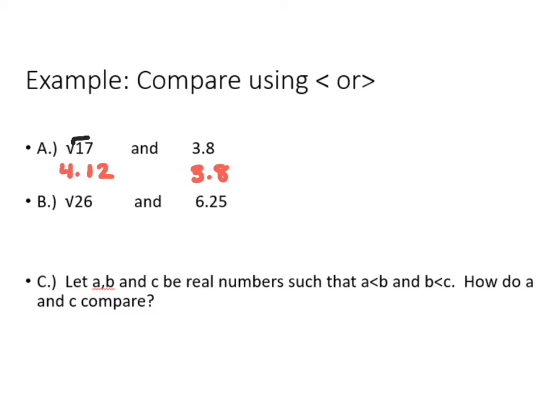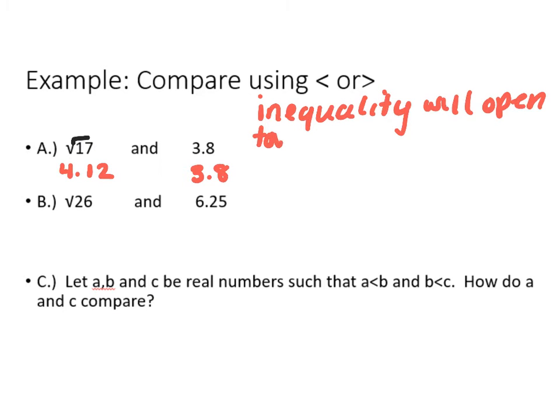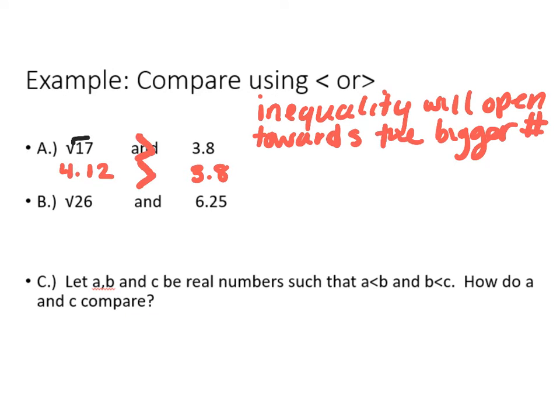We always want to remember that the inequality will open towards the bigger number. So in this case, since 4.12 is bigger, the inequality symbol would open to that side. So if we want to rewrite our answer, it would be that square root of 17 is greater than 3.8.